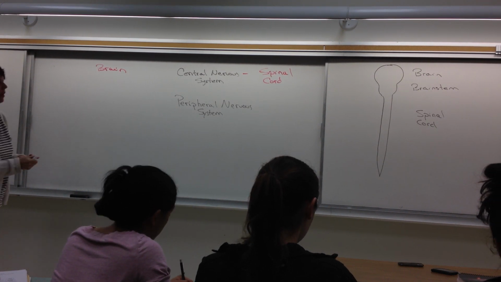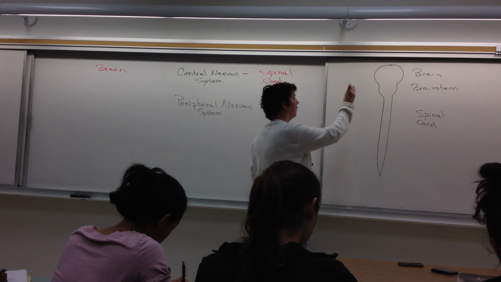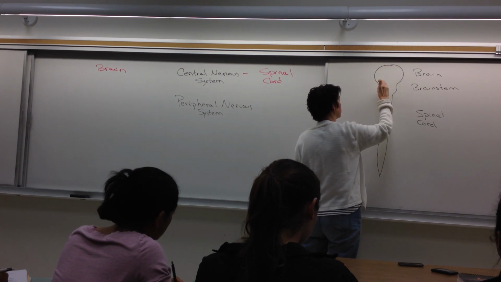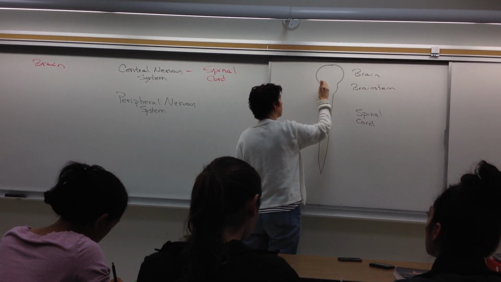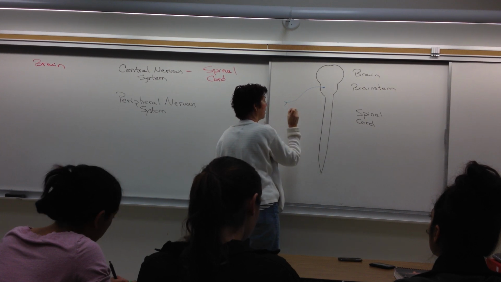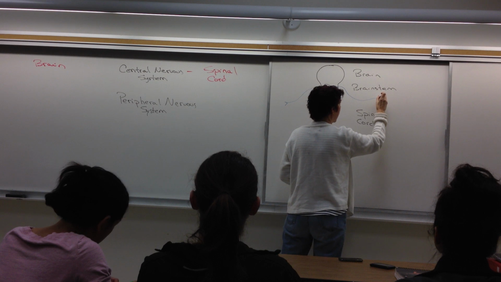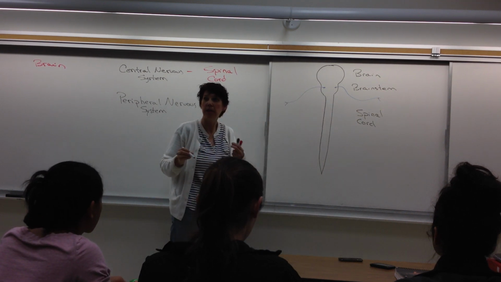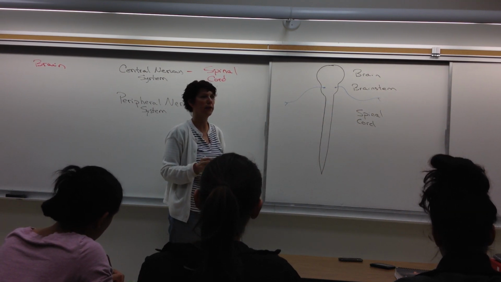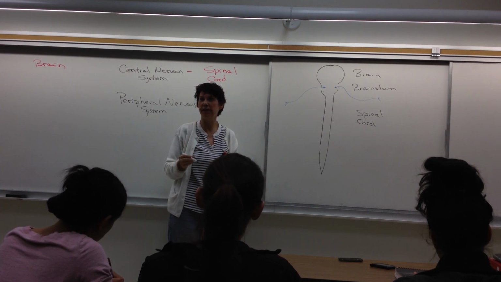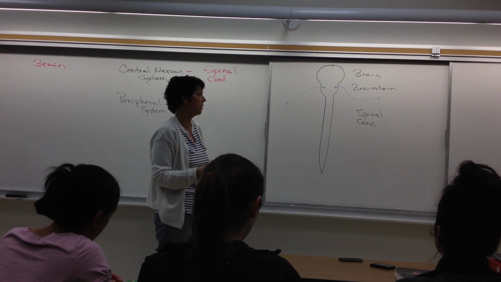Extending from the brainstem are neurons that go to muscle, typically in the head: the hypoglossal nerve to the tongue, the facial nerve, the trigeminal nerve, motor neurons going out to muscles.